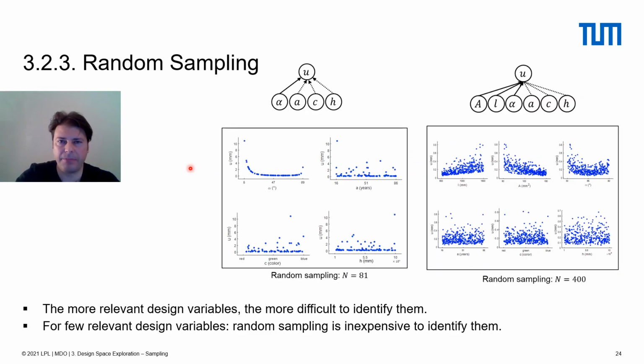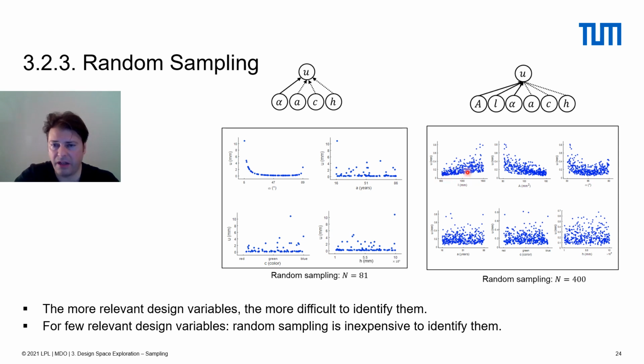Let's look at example 7 and 8 again and draw two important conclusions. Well, the first conclusion is that the more relevant design variables you have, the more difficult it will be to detect them by sampling. And I'm going to show you this here using the scatter plots for random sampling, but actually this conclusion is also true for full factorial sampling.